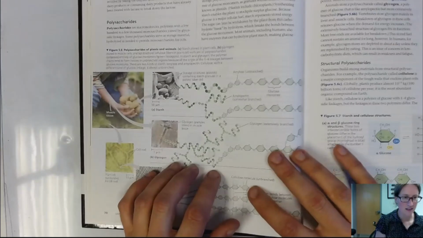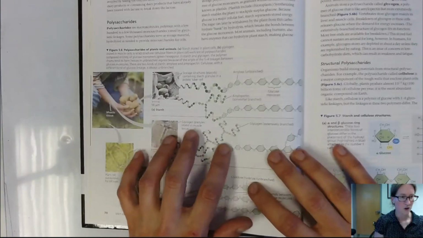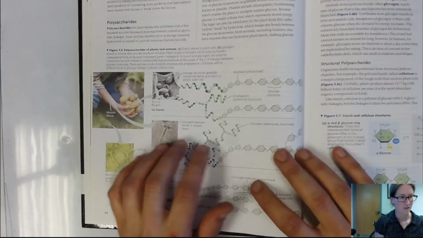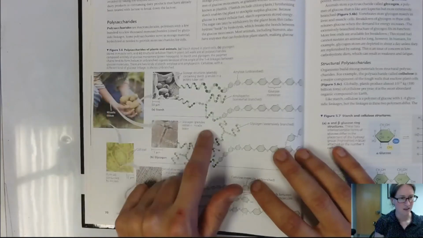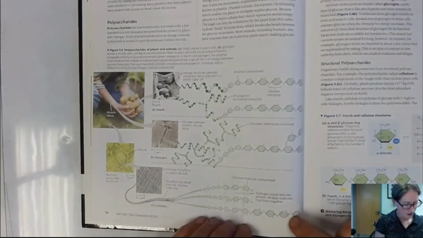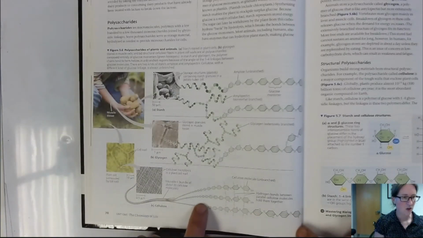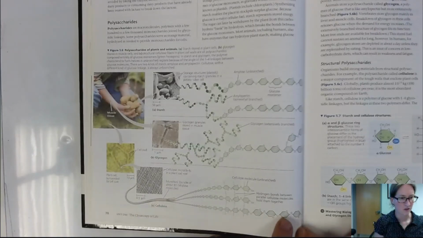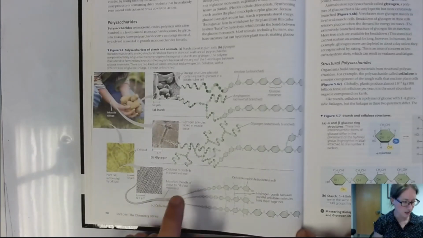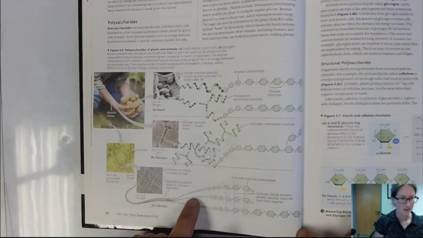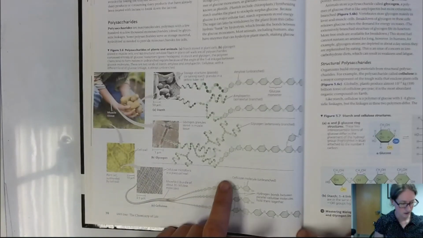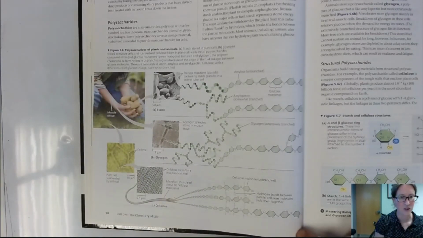And then here's glycogen in contrast, so it's got a whole lot of branching structures to it. So found in this person's muscle cell illustrated here. And then in contrast, here's a whole set of cellulose molecules. So these are very much straight chain, and adjacent chains of cellulose are held together with hydrogen bonds in between them.